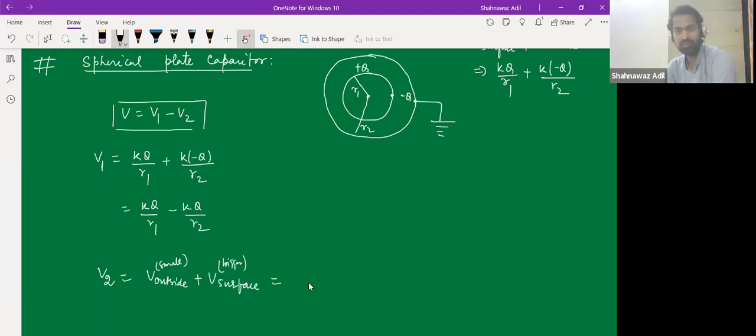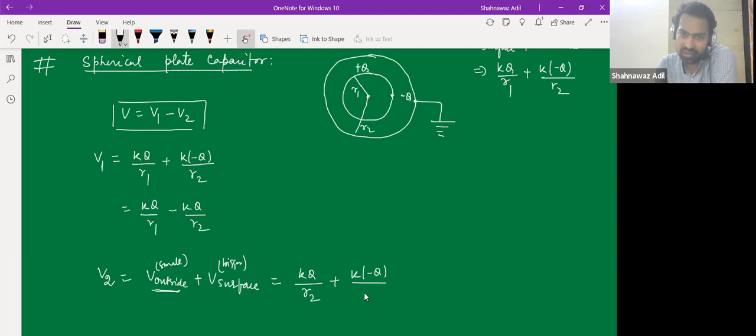Now you tell me: KQ by R minus K, which is R1 or R2? R1. So we are calculating outside, minus KQ by R2, and then plus K into minus Q by R2, since we are calculating at the surface.